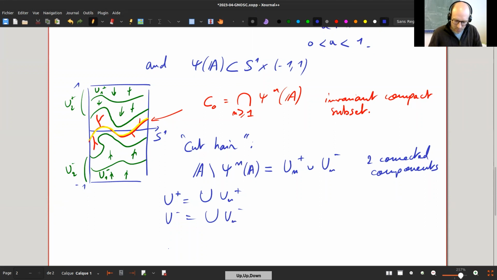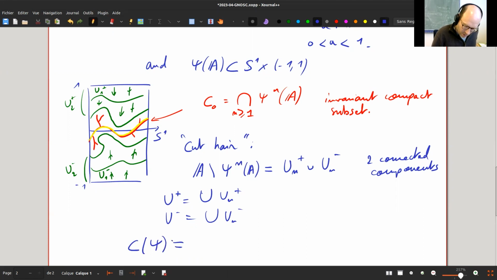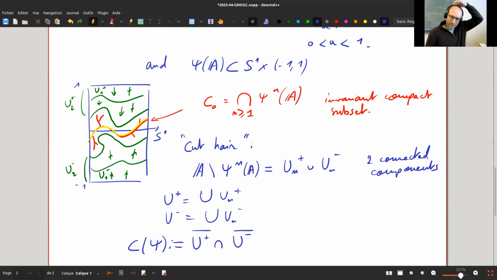Okay, and now the Birkhoff attractor that I will denote C of psi is by definition the closure of u plus intersected with the closure of u minus. Okay, and this is the yellow part. And this is what is called the Birkhoff attractor.